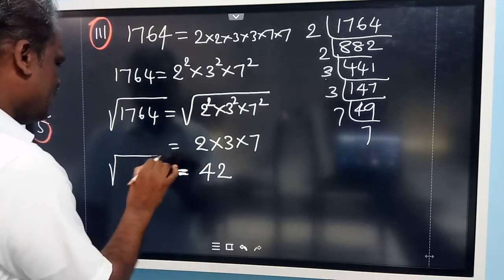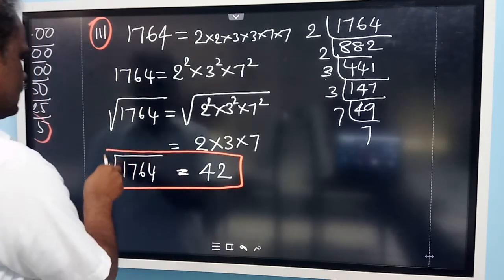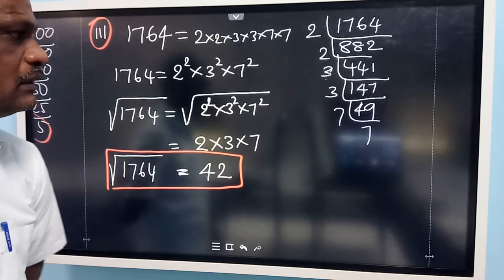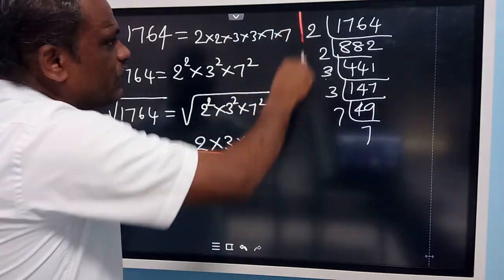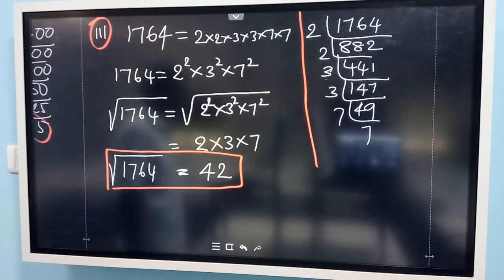So square root of 1764 is 42. Is it clear? Using only the prime numbers for the factorization, that's why it is called prime factorization.